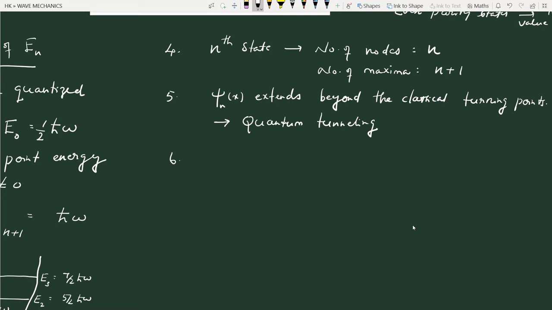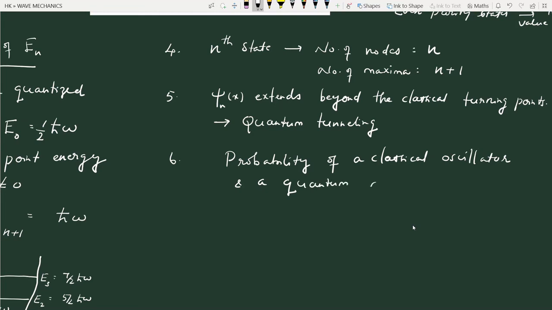For example, let us compare the probability of a classical oscillator and a quantum oscillator. So let us see what is the probability of a classical oscillator. Okay, let's calculate that.